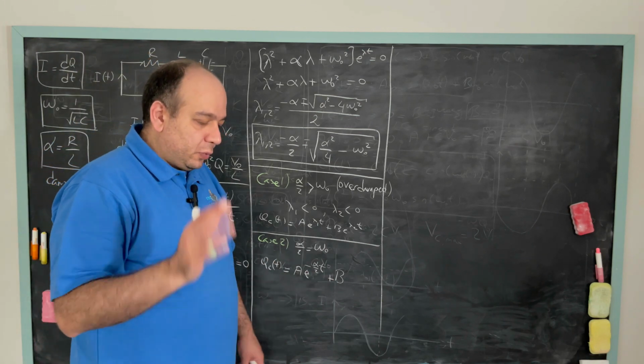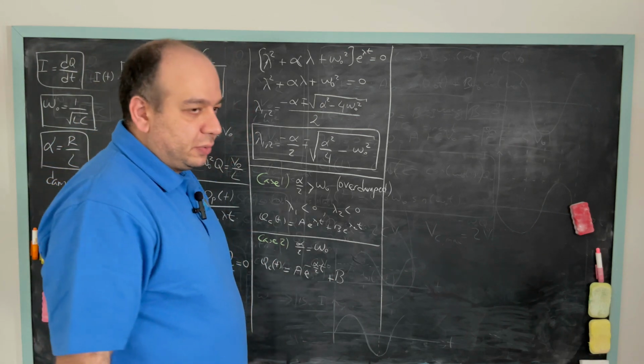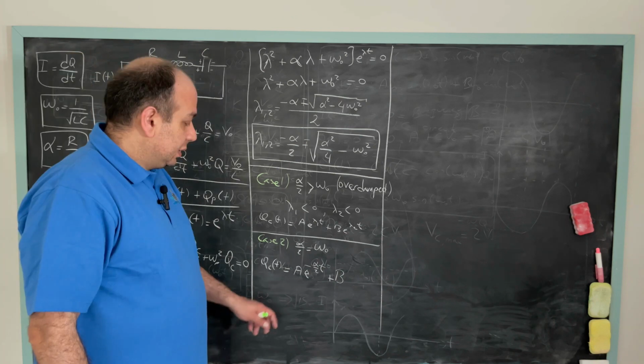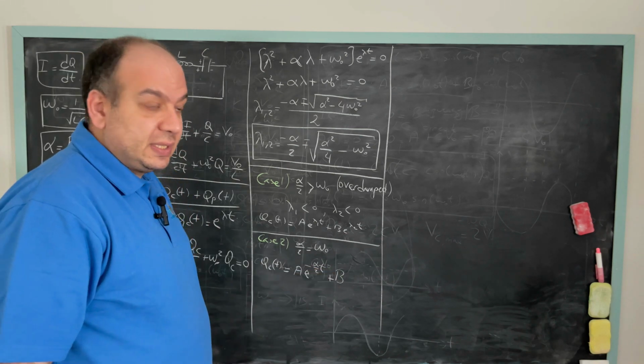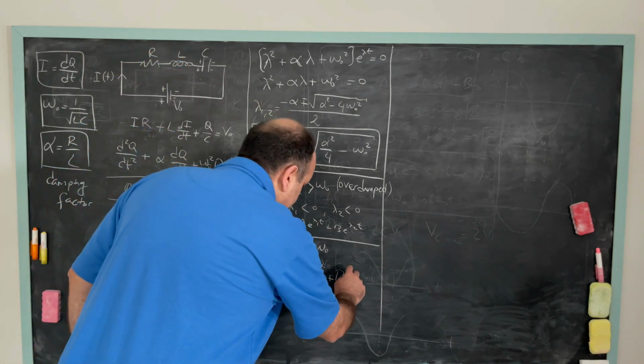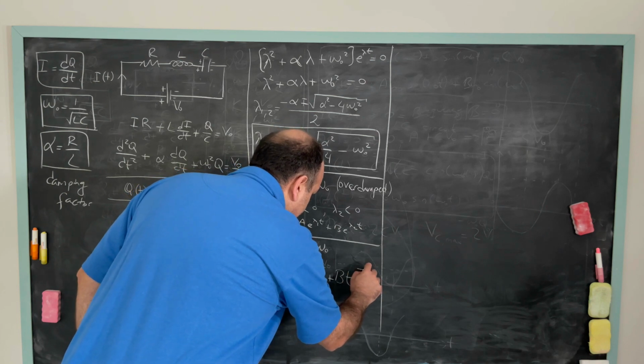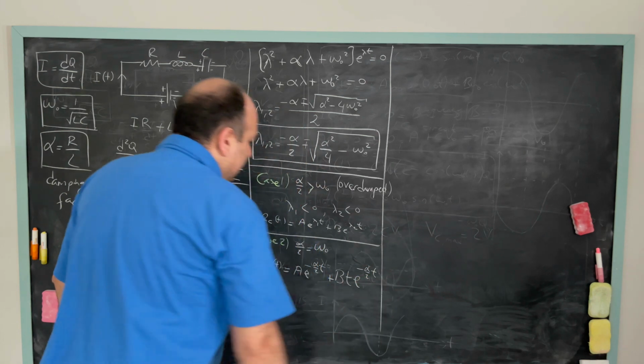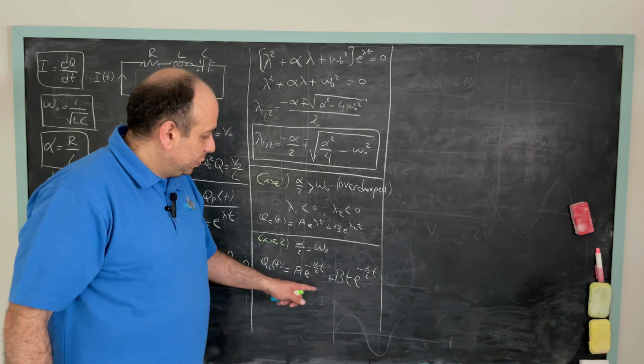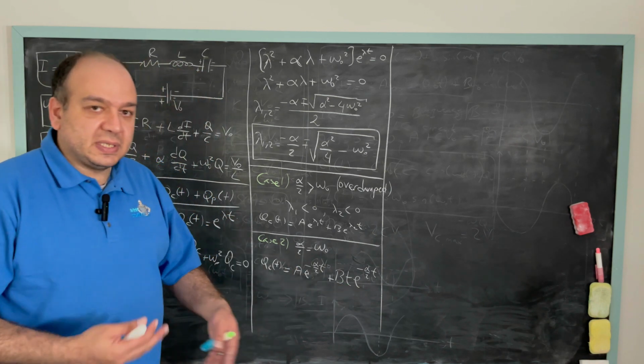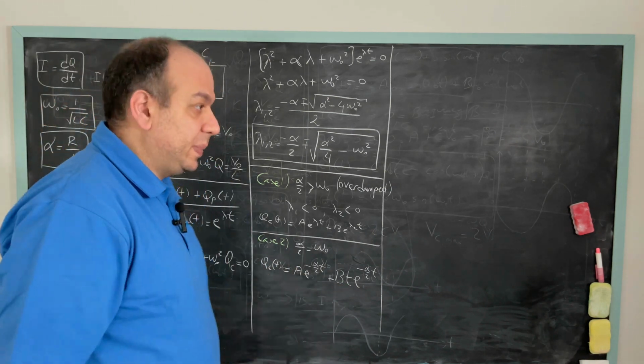If you go back to your lecture notes in your differential equations class, the linearly independent solution in this case is given as t times e to the minus alpha over 2t. So we simply multiply this solution with t, and this gives us the second linearly independent solution.